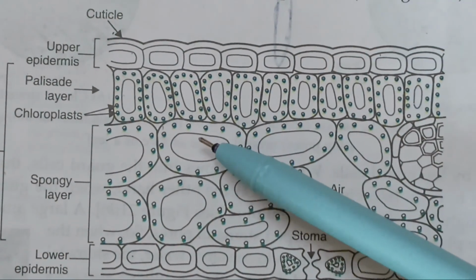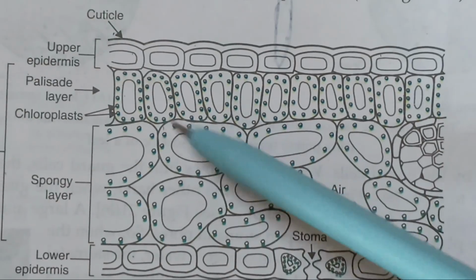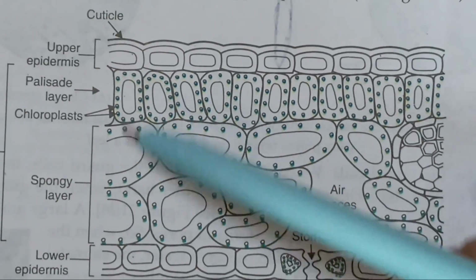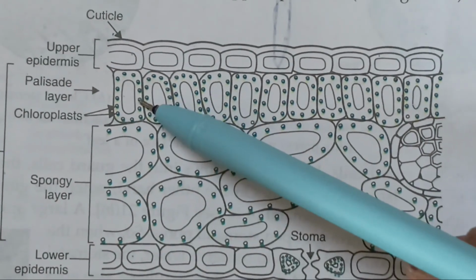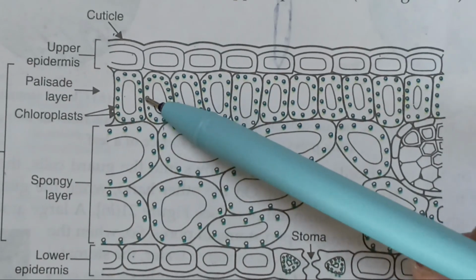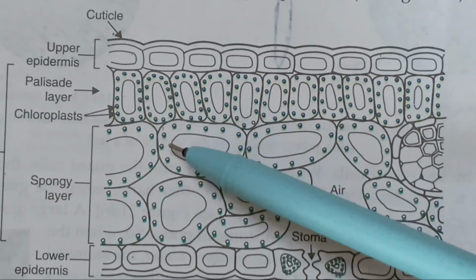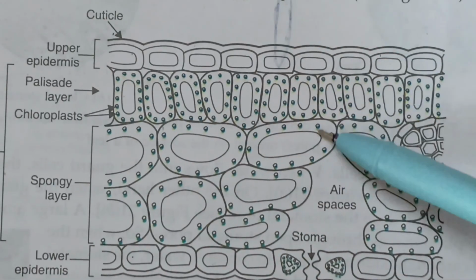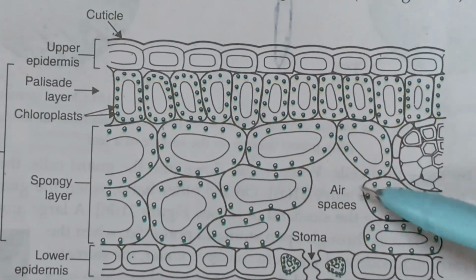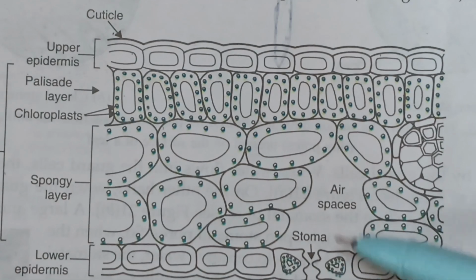Collectively these two layers are called mesophyll. It is the site where more than 100 or 1000 chloroplasts are there where the photosynthesis occurs, right.